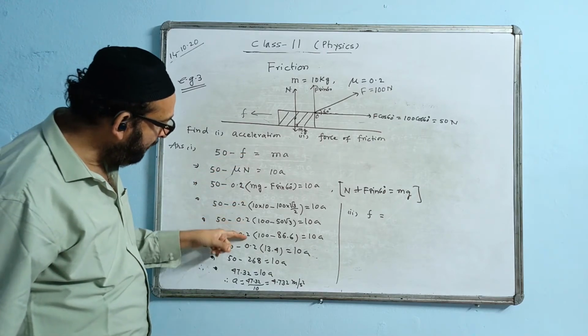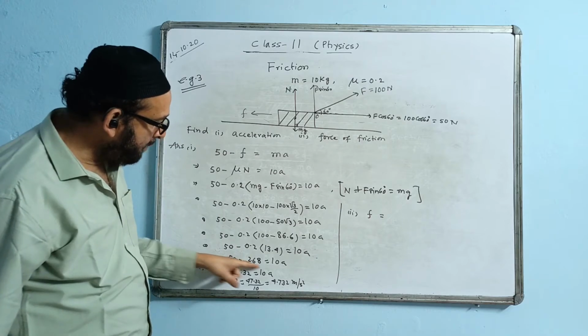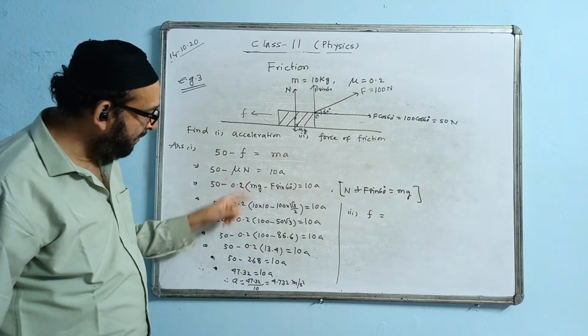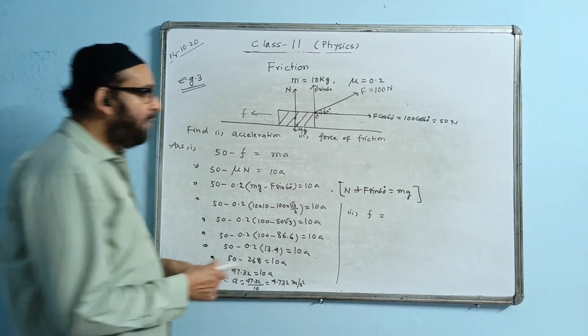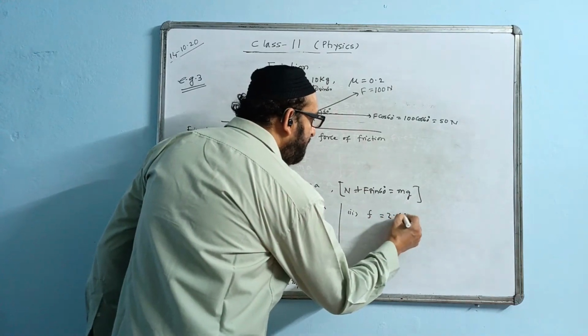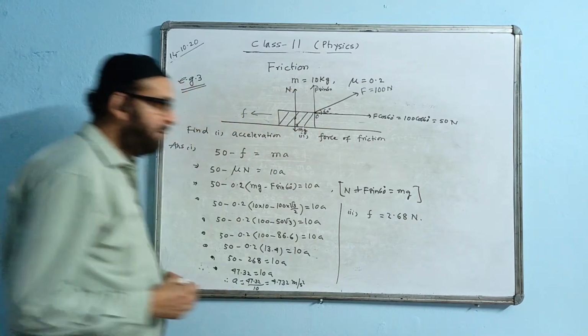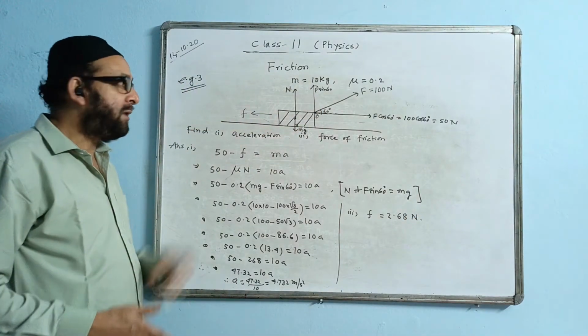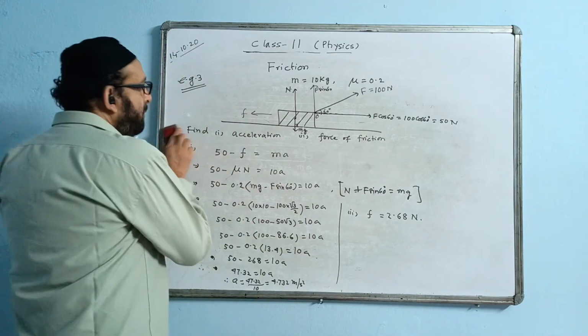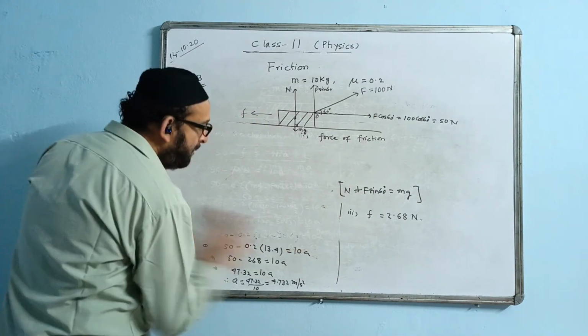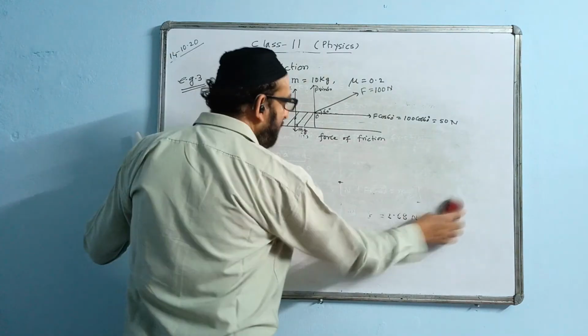At last I got this value, 2.68, after simplification. So this value we can add directly as 2.68. Unit for friction is also Newton. So that is the answer. So friction acts in the direction opposite to the motion.